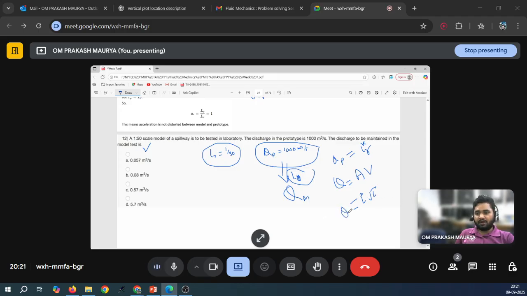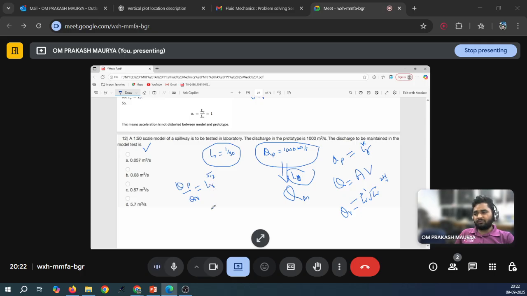So your QR is equal to LR square into root LR, so QP by QM is equal to L to the power 2 plus half, 5 by 2, LR to the power 5 by 2.